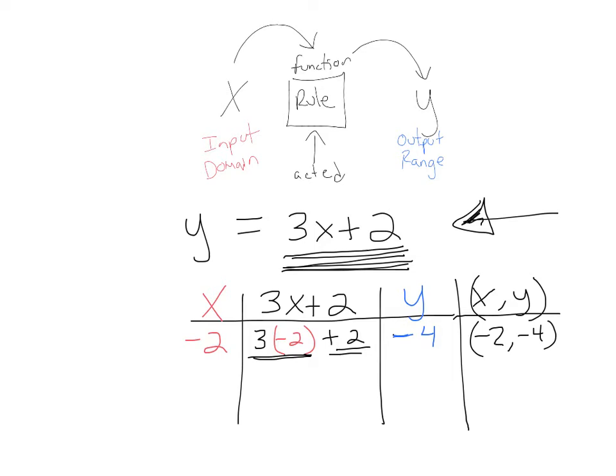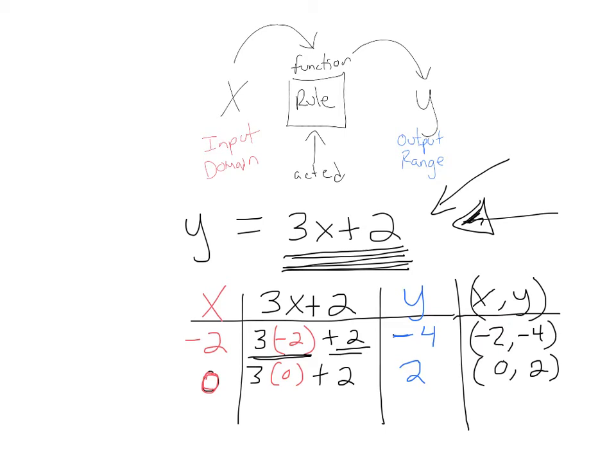You can try things like 0. You can plug in a 0 here for x as an input. So 3 times 0 plus 2. The result, of course, is 2. So another ordered pair that works for this equation is 0, 2. You can check it by putting it in here, and it would work.